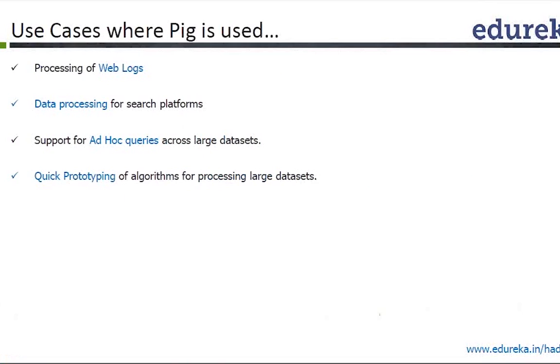Okay, so the use cases where Pig gets used, guys. If you have weblogs and you want to process them, generally your weblog will be a structured data set, so you can use Pig. Apart from that, if you want to implement any search algorithm platform and you need data processing, you can go with Pig. Also any ad hoc query which you want to support on a large data set.